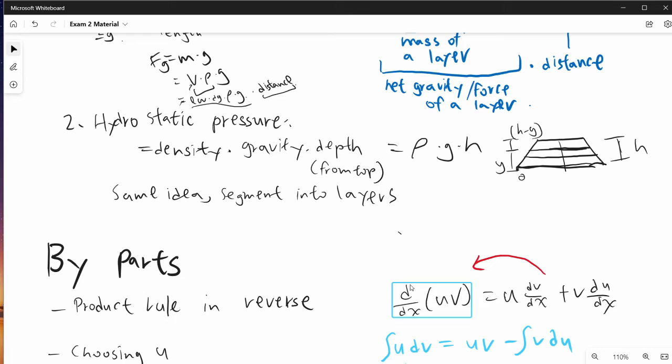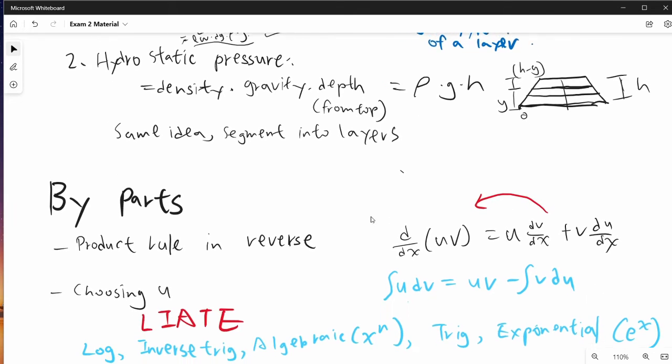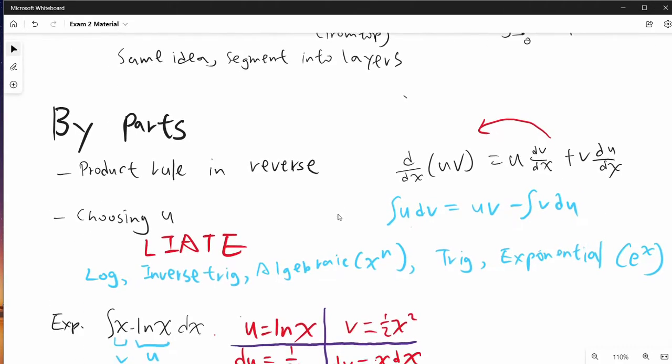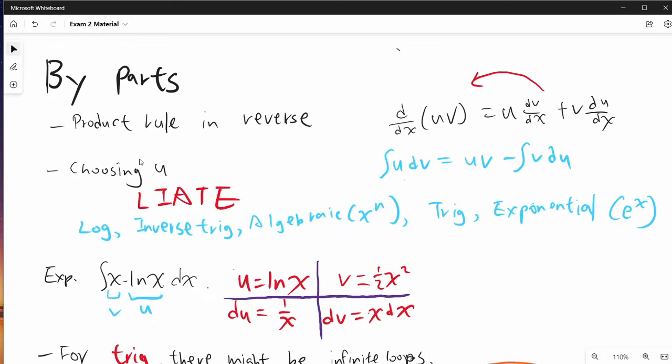So moving on to integration by parts. It is generally thought of as just the product rule in reverse, right? Let's say you're differentiating uv, then it equals u dv/dx plus v du/dx, right?